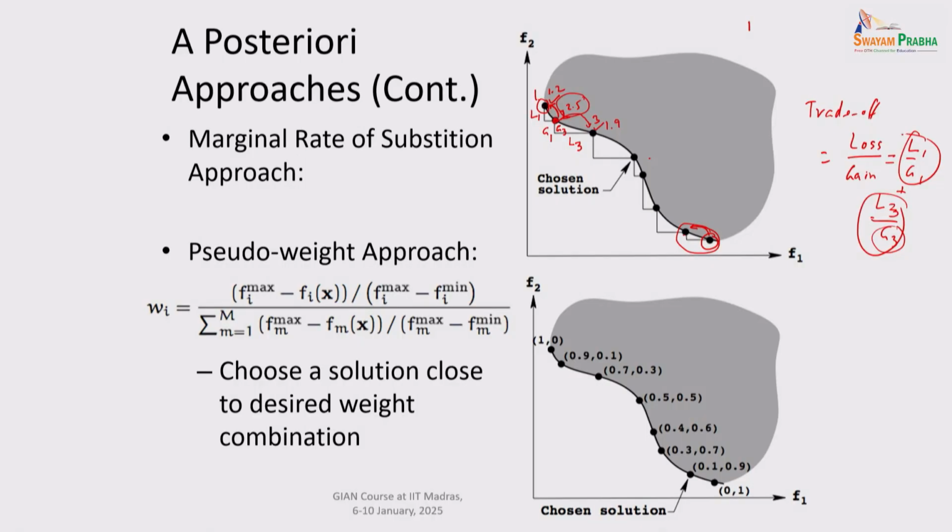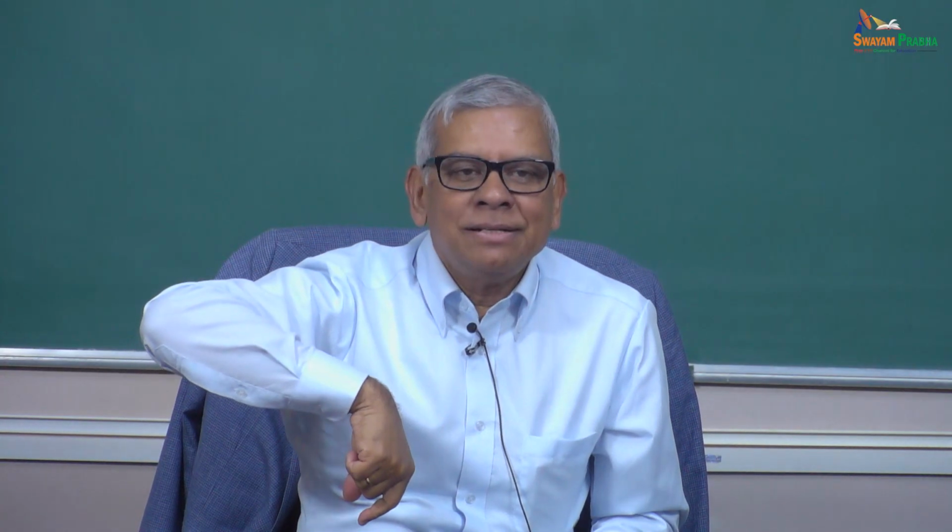So you always look for the highest loss by gain, the highest trade-off value, as a measure of saying, I am not interested in moving out from here. I like this one because if I move, the trade-off is really bad. Okay, so you can analyze all the points like this, find these trade-off values, which is loss per unit gain, and then you see which one is the highest, and that's the one you recommend.